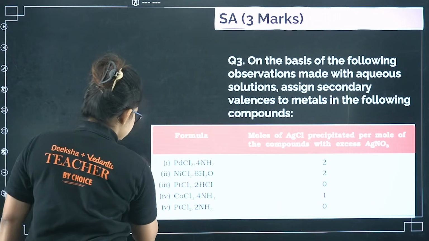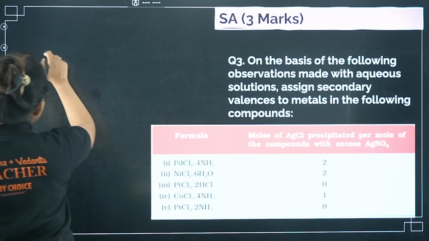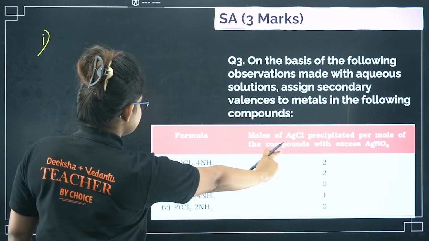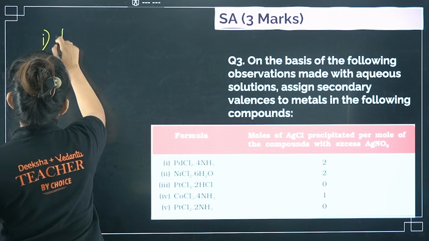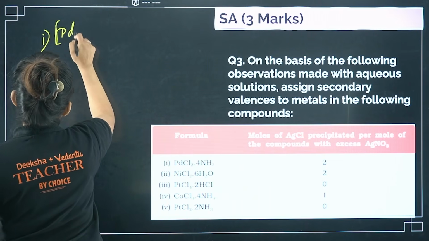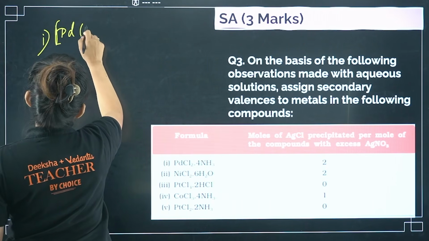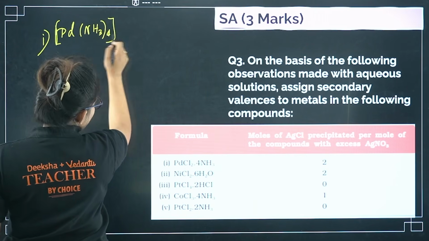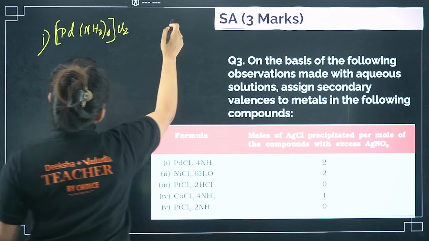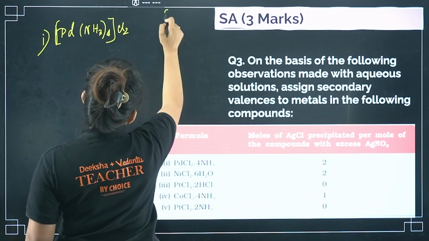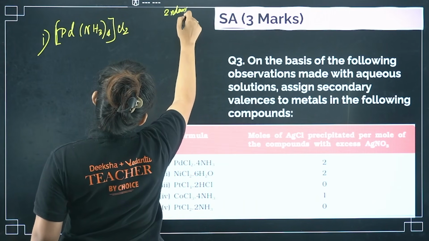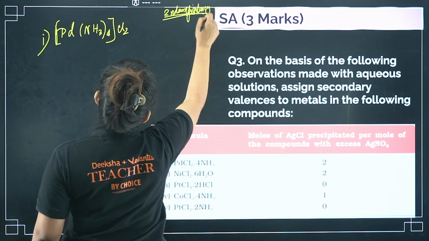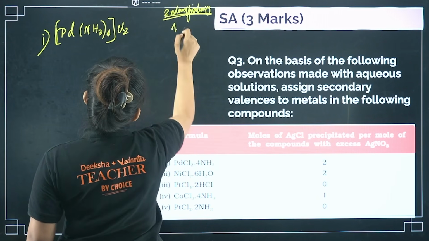For the first case, number 1, here I am getting 2 AgCl units as a precipitate, meaning the compound should look like Pd(NH3)4 outside Cl2, and here I will write the secondary valency. Secondary valency for the first case is going to be 4.